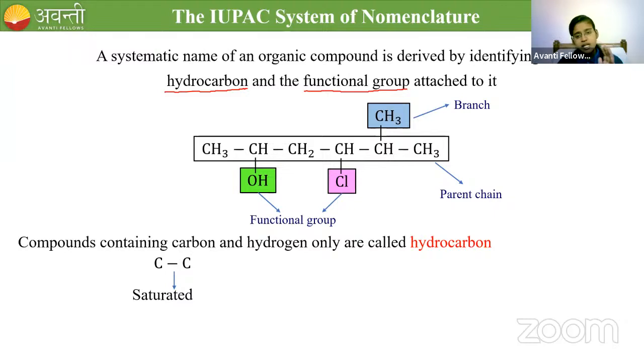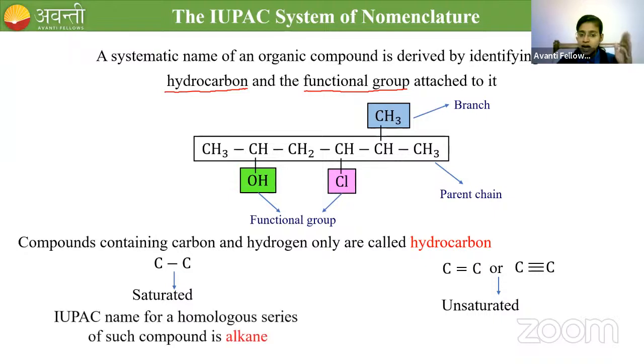If we have carbon-carbon double or triple bonds, those are called unsaturated compounds. The IUPAC name for the homologous series of saturated compounds is alkane. For a carbon-carbon double bond, alkene. For a carbon-carbon triple bond, alkyne.